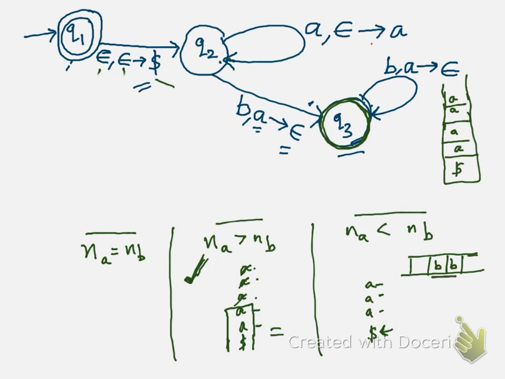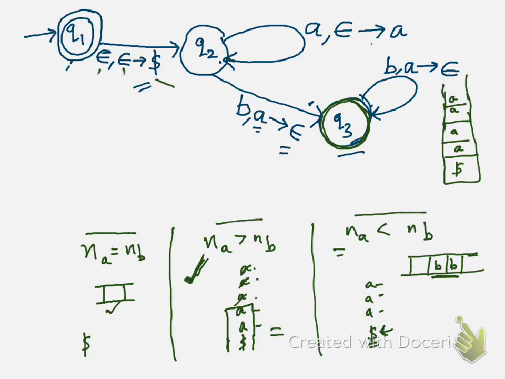So my input is still pending, but I have hit the bottom of my stack. And if I talk about the case NA equals NB, it will be similar to this one. I will see the bottom of the stack, but my input will be processed completely. All my input is done.